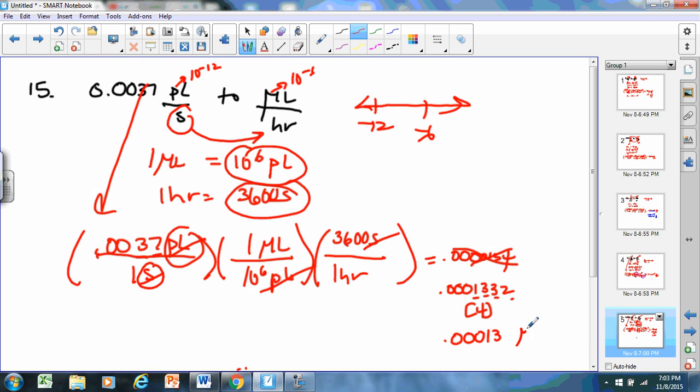0.00013 microliters per hour, or if you prefer scientific notation, 1, 2, 3, 4, 1.3 times 10, and apparently it's supposed to be 10 to the 5th, so I missed a 0. So this is a 0, and then this is to the negative 5, sorry.